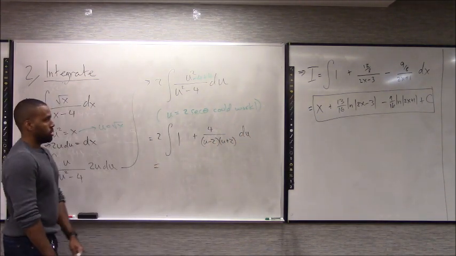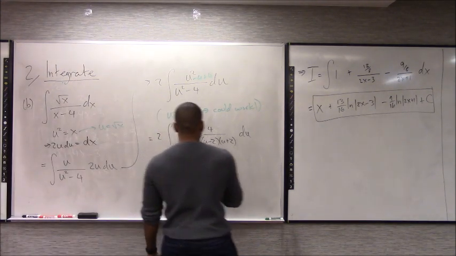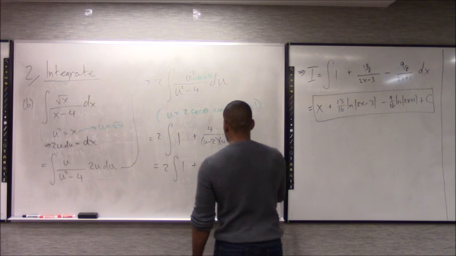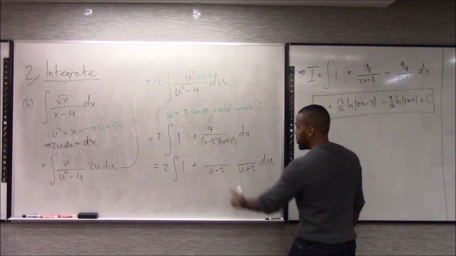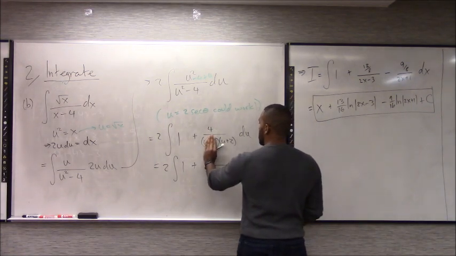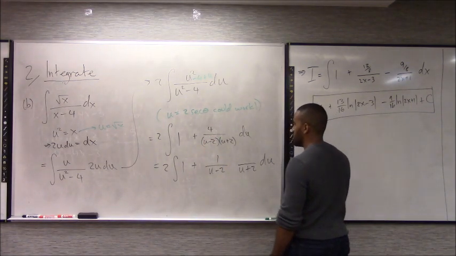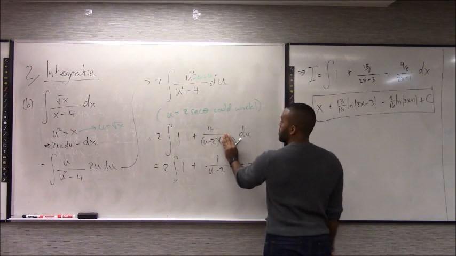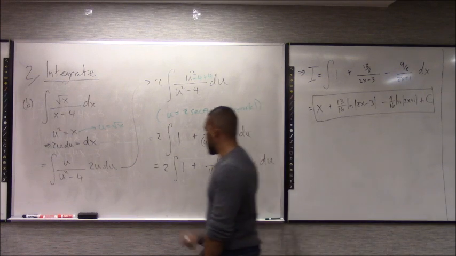How do we deal with that? Well, it's going to split up over these. U equals 2 makes this 0, cover that up, plug in 2, I would get a 1. U equals minus 2 makes this 0, cover that up, plug in minus 2, I would get a minus 1. So those are the partial fractions.